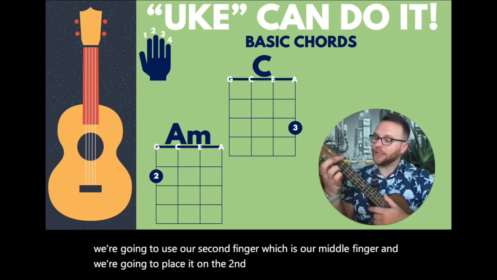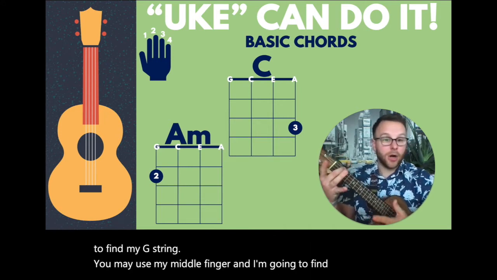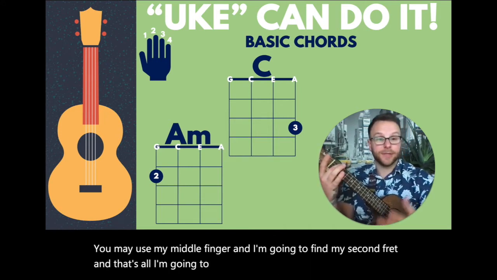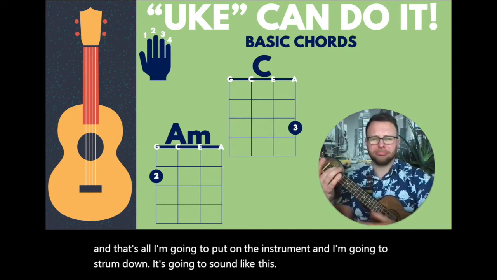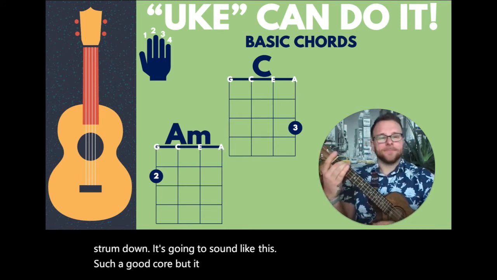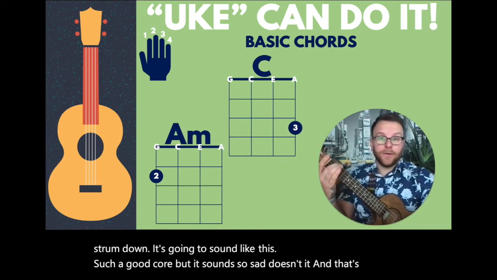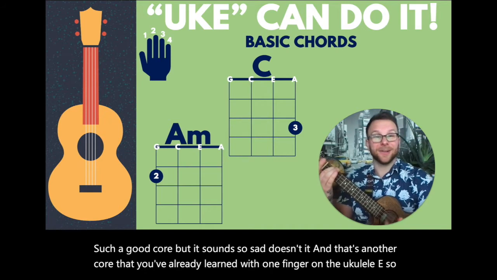So I'm going to find my G string, I'm going to use my middle finger, and I'm going to find my second fret, and that's all I'm going to put on the instrument, and I'm going to strum down. It's going to sound like this. Such a good chord, but it sounds so sad, doesn't it? And that's another chord that you've already learned with one finger on the ukulele. So props to you for learning 2 chords already.